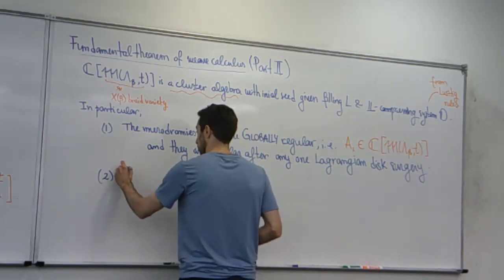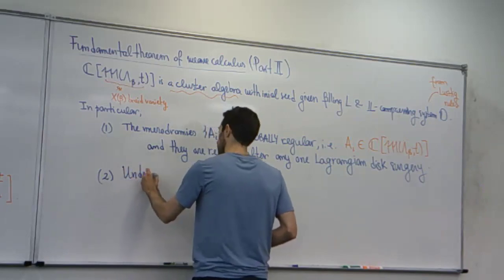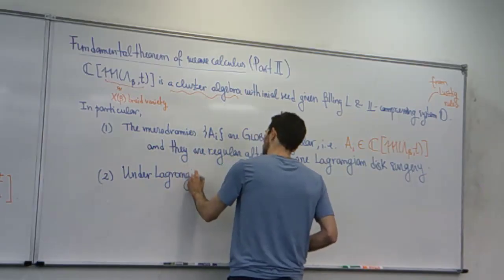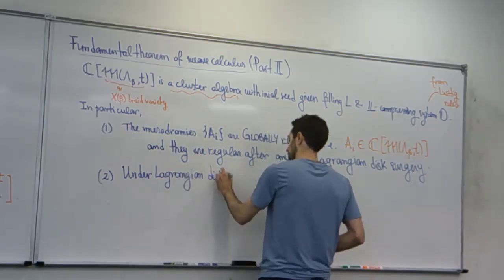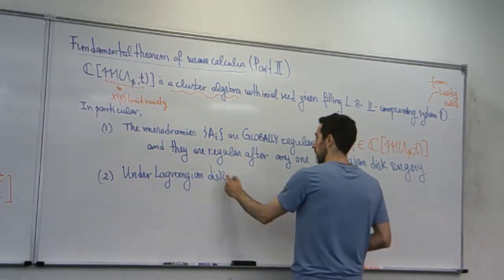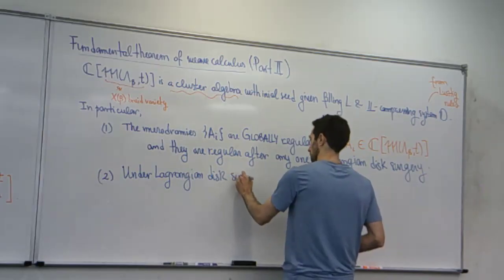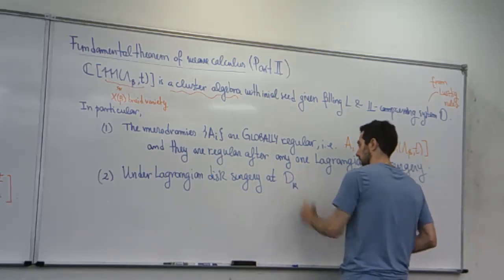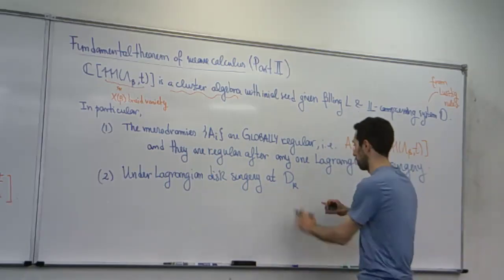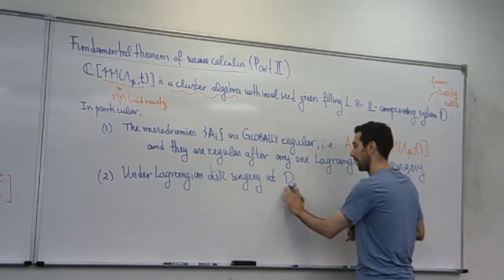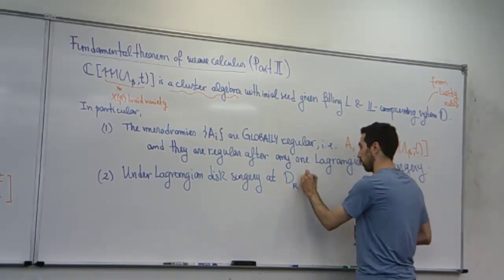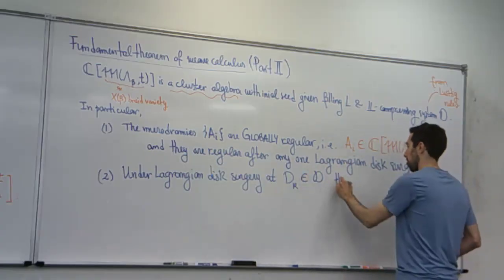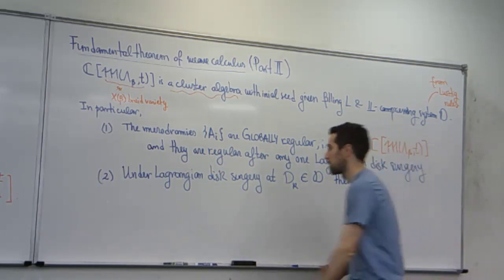So under Lagrangian disk surgery, this surgery, which is what we discussed at length yesterday, at this P_k, this k is going to be that k at some point. So at a given k that I choose inside of my L-compressing system, if I do surgery on them, then the following happens.